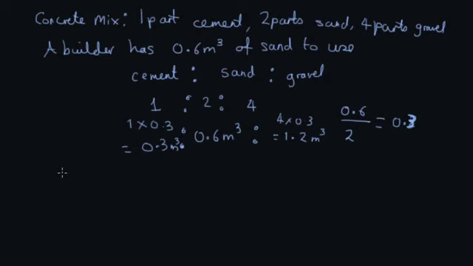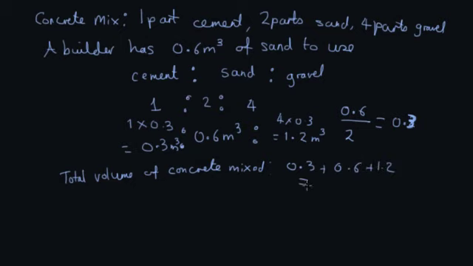What is the total volume of concrete mixed? So we're just going to add these 3 volumes together. So 0.3 add 0.6 add 1.2 equals 2.1 meters cubed.